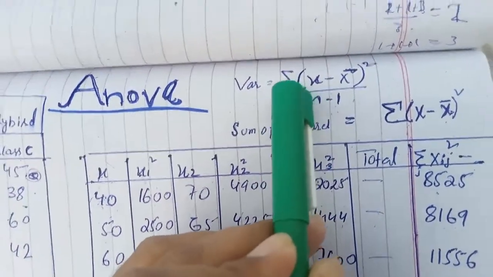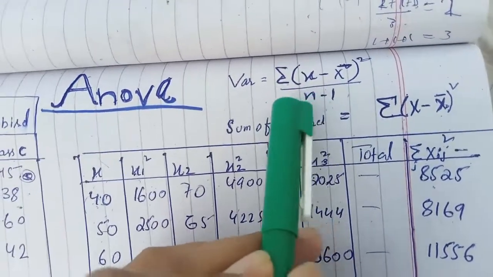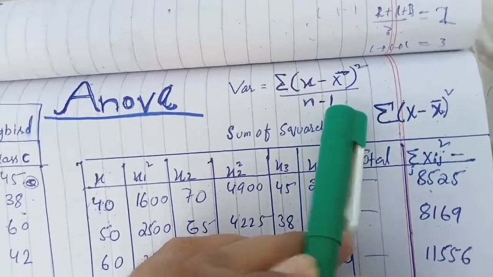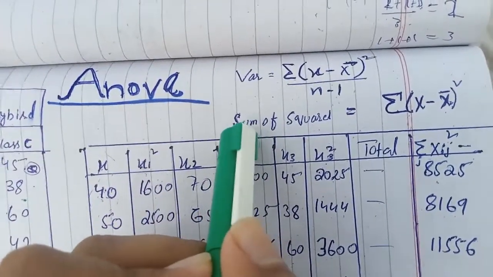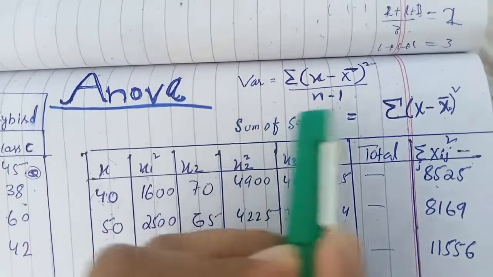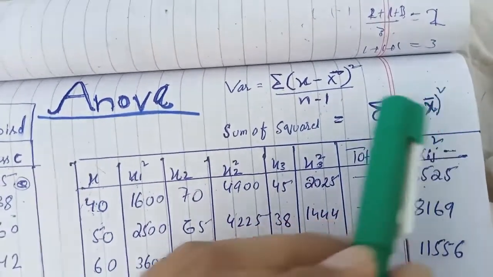This is the unbiased estimator. This is the variance formula, because we are dividing with n minus 1. And this is the sum of square. Sum of square is nothing but the summation of x minus x bar whole square.